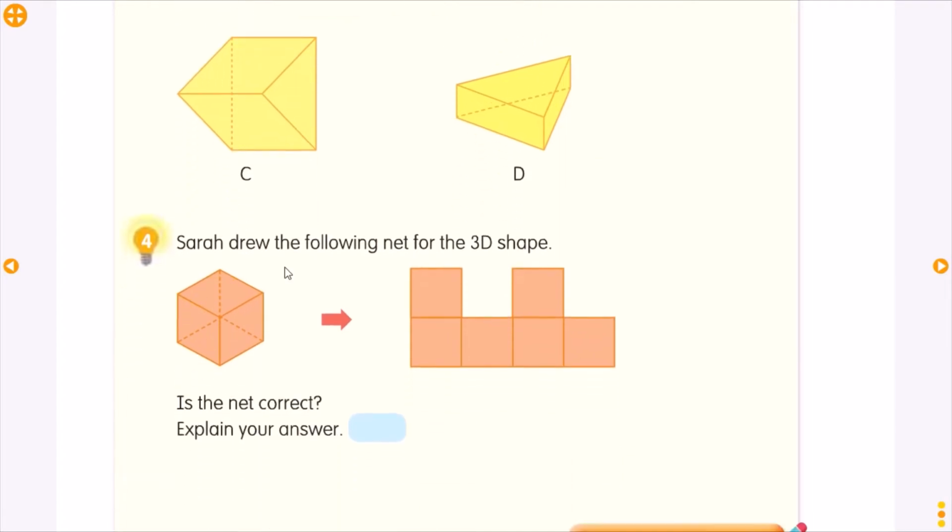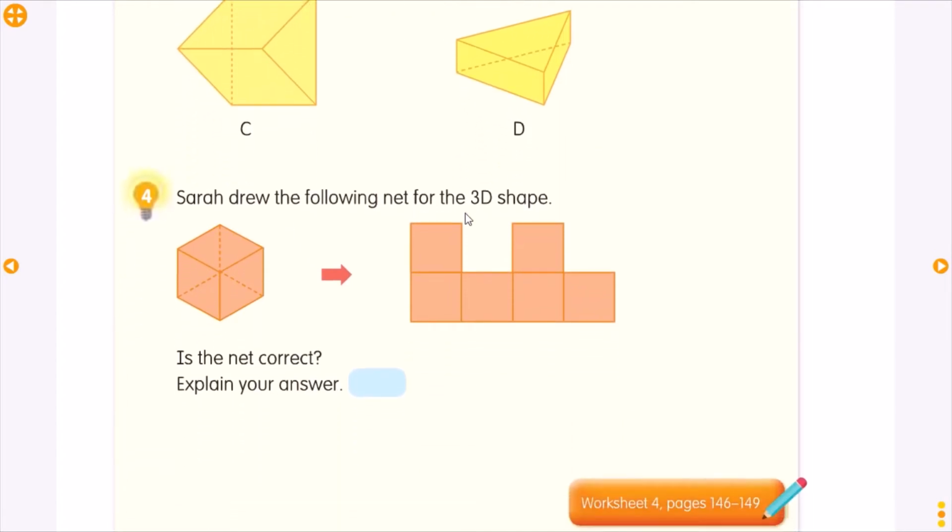Okay, now Sarah drew the following net for the 3D shape. Is the net correct? Now she drew this net. Does it look correct? I mean, if she folds these grids now, is it gonna give her a cube? So please show me or tell me the answer if it's right or wrong.